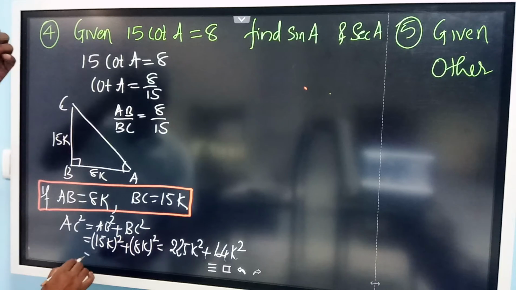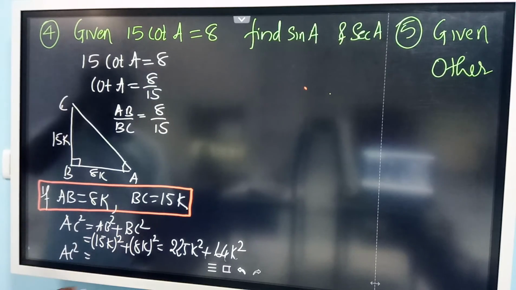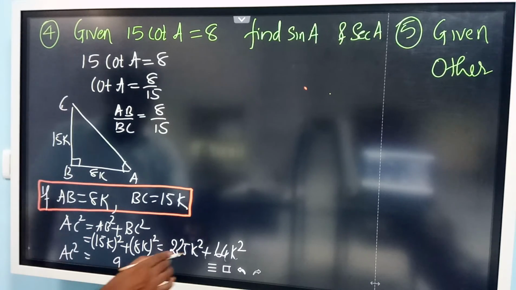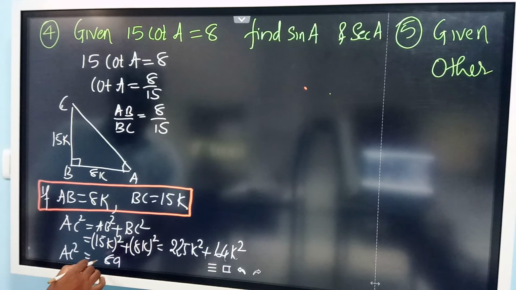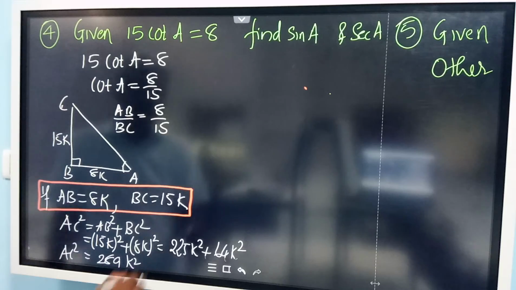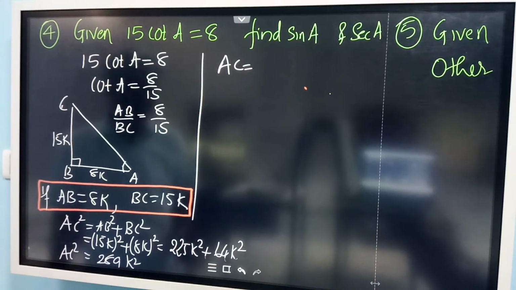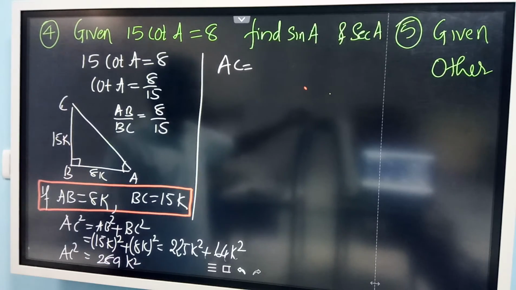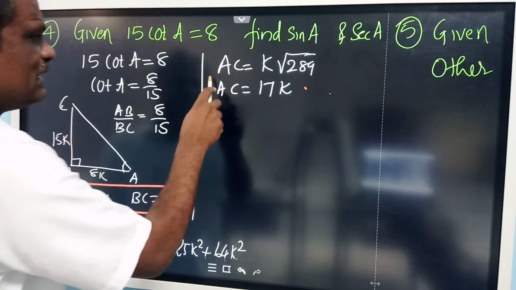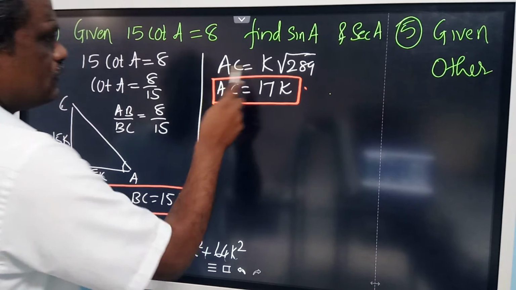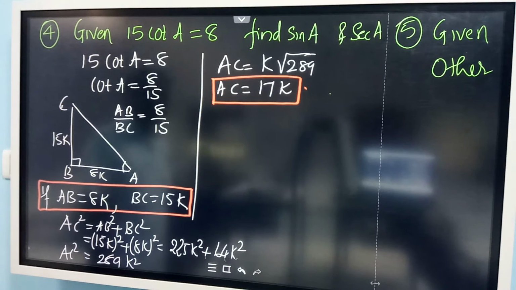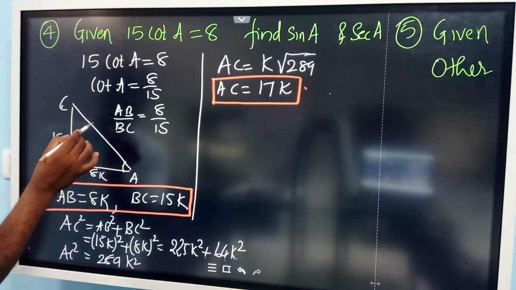So what is the value you will get? AC square is equal to 289K square. So what is the value of AC then? Square root of 289K square. We get AC is equal to 17K. Square root of 289 is 17, square root of K square is K. So this is 17K.